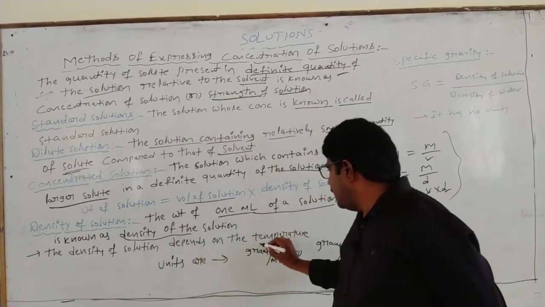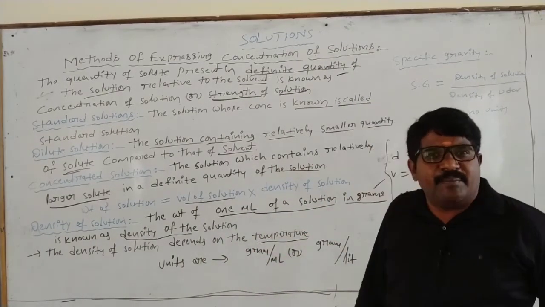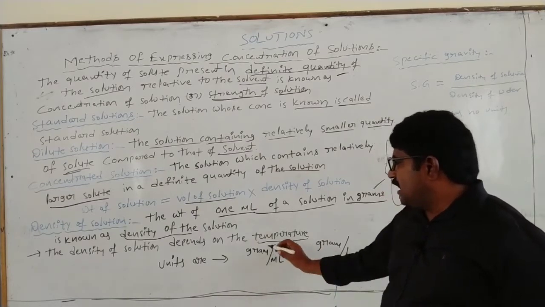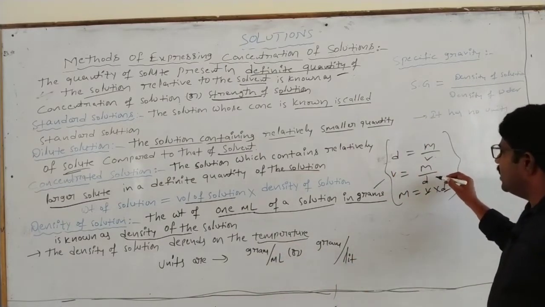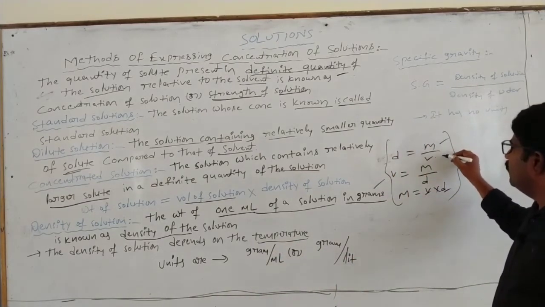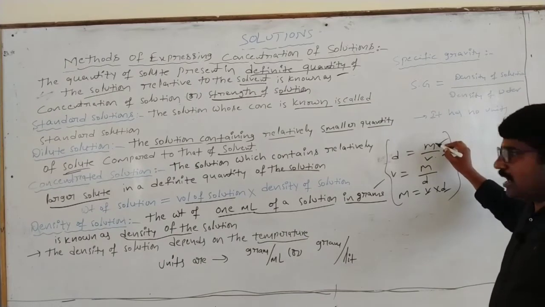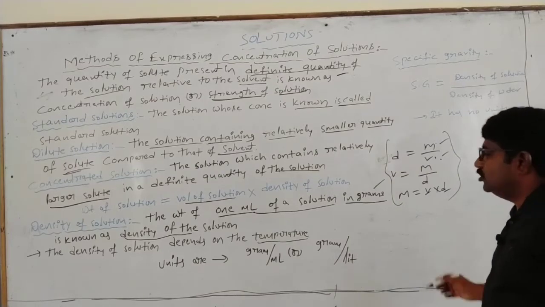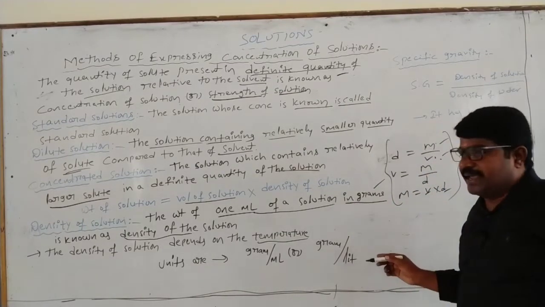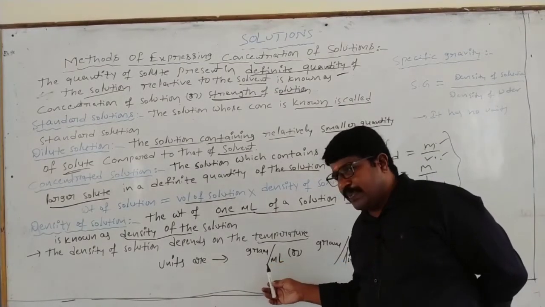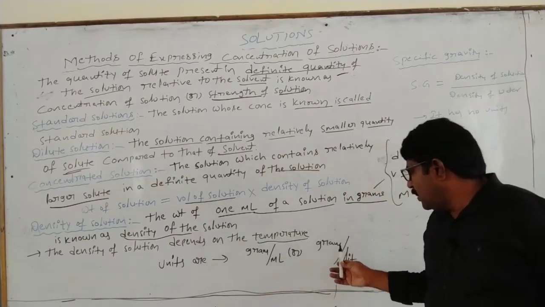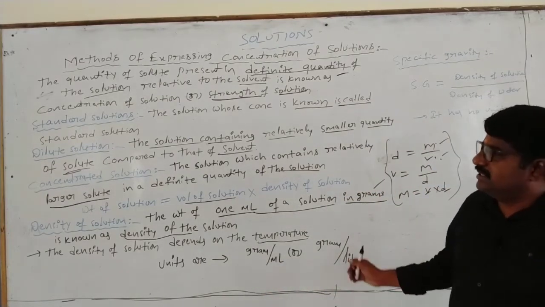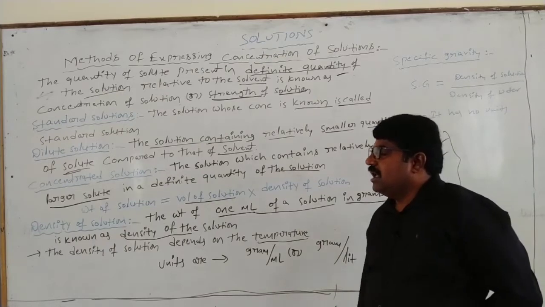Generally, the density of a solution depends upon temperature. Density is mass by volume. Mass is in grams, and volume is in ml or liters. So the units are gram per ml or gram per liter. This is the density of a solution.